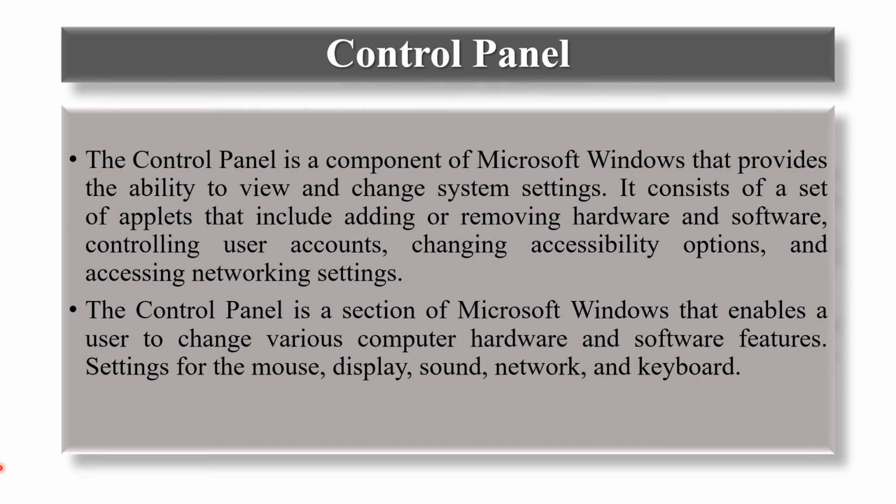It is used to configure and manage almost all aspects of Windows, including keyboard, mouse functionality, user password options, network settings, desktop background, display settings, sound settings, mouse settings, hardware and software options, and so on.